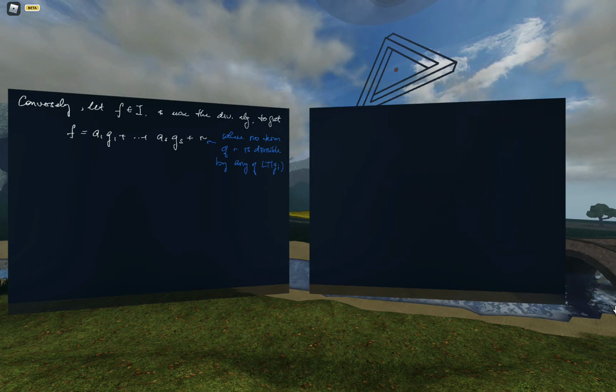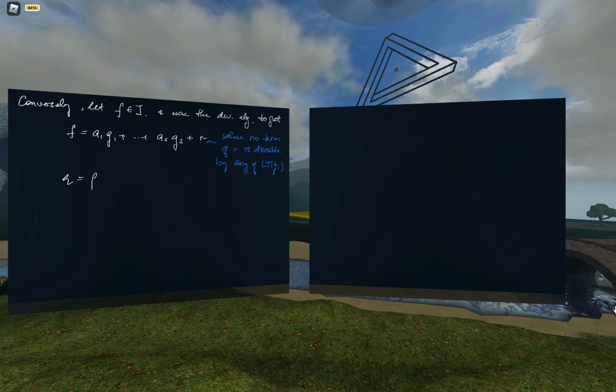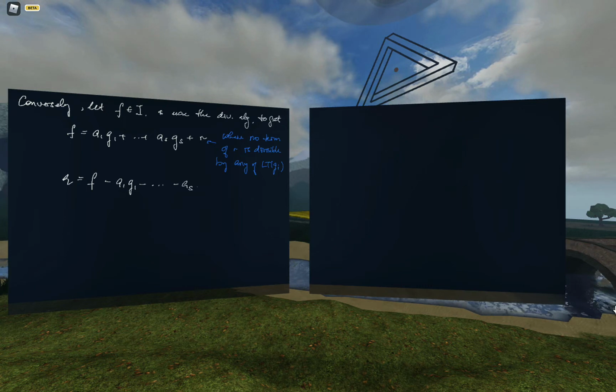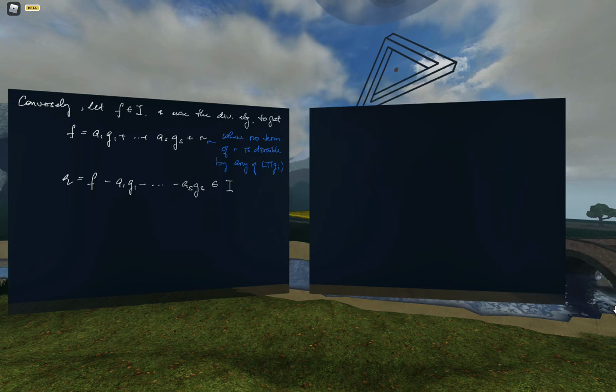Now we're just going to rewrite this simply, with R as the subject of the equation: R equals F minus A1G1 minus and so on minus ASGS. This is now an element of I. Why?